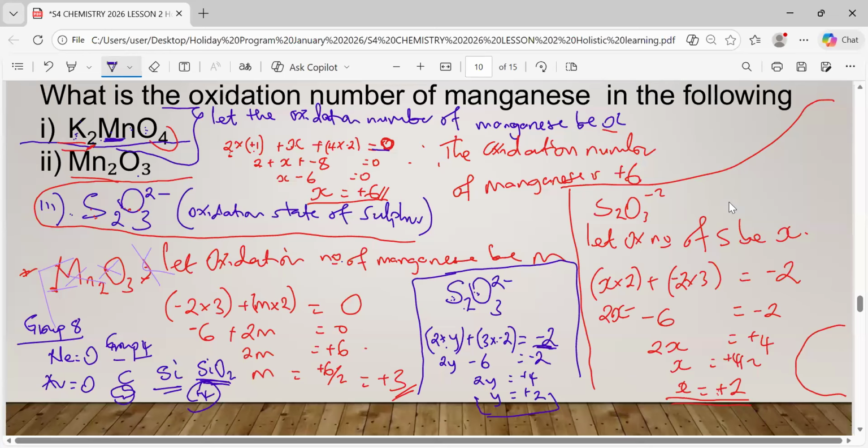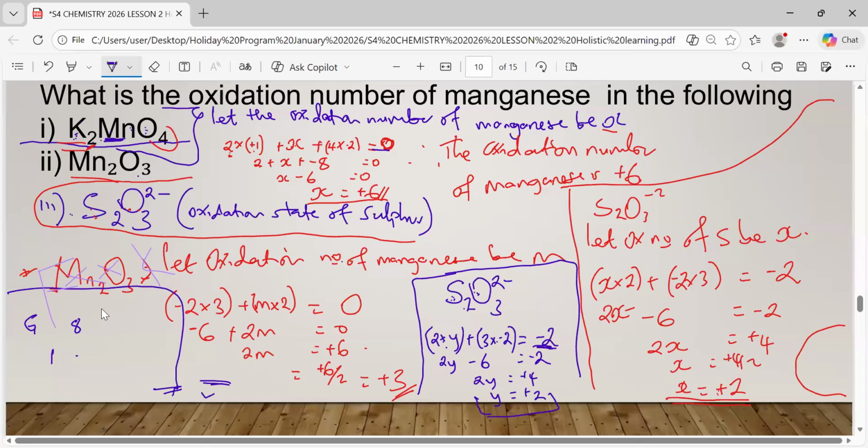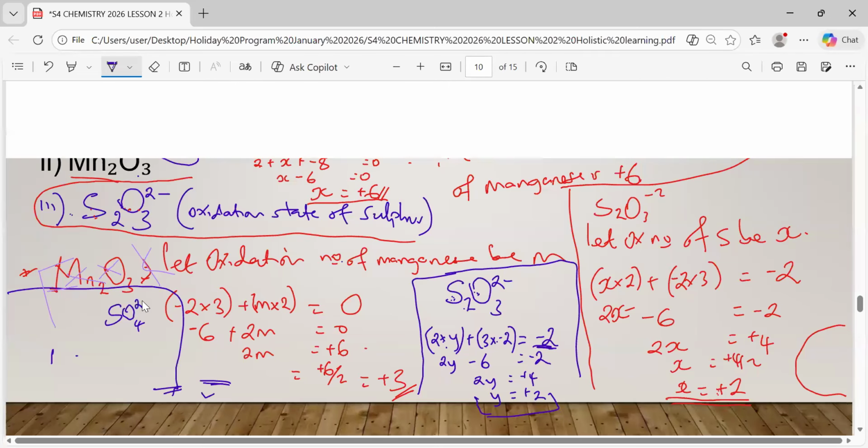Maybe we can try this out. Let me bring this one and we try it out. We are to determine the oxidation number of sulfur in this sulfate ion.